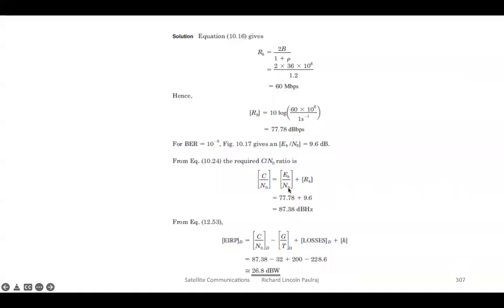So Eb/N0, how do we get it? 9.6 from the table. You can actually refer to figure 10.17. We are using our prescribed textbook, Dennis Roddy, for this. So I have mentioned the figure number as well for your further reading. From that we'll be extracting the value of 9.6. Then for Rb we have 60. Do a conversion, 10 log, and 77. So totally, we get about 26.8 dBW. So that was our EIRP.